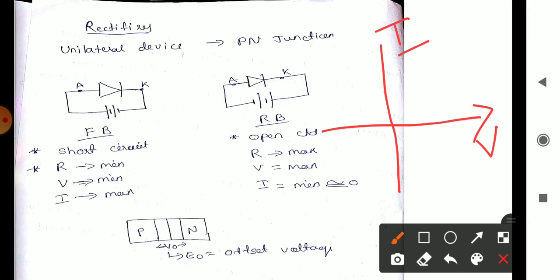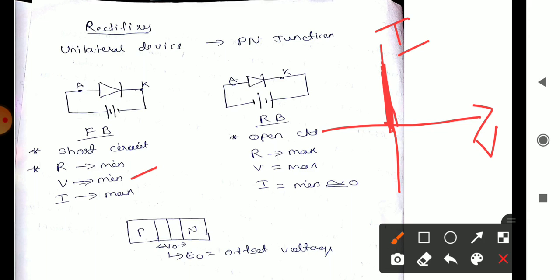When it is forward bias, the resistance is minimum and the voltage is minimum, and in the ideal case the current is maximum. That is represented over here like this.